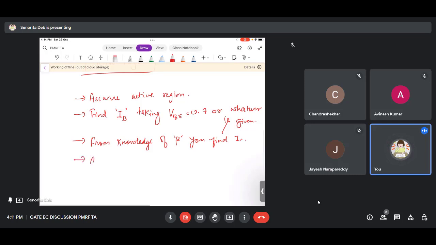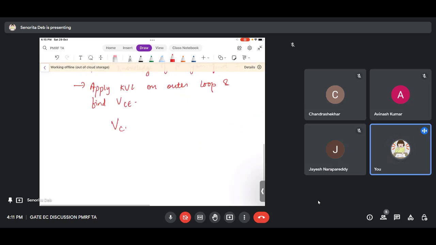Now apply KVL on the outer loop and find VCE. Now VCB will be VCE minus VBE. Now from here you check if VCB is positive, right? So if VCB is positive, your assumption is correct. If true, then your assumption is correct.